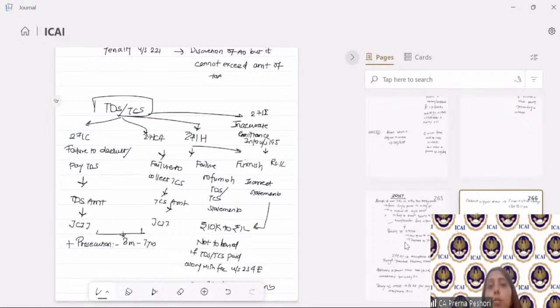So that when you are doing the chart, you remember this. Is that clear? Any doubt? Yes, Akshay, imprisonment is in addition to the penalty. Is that clear?